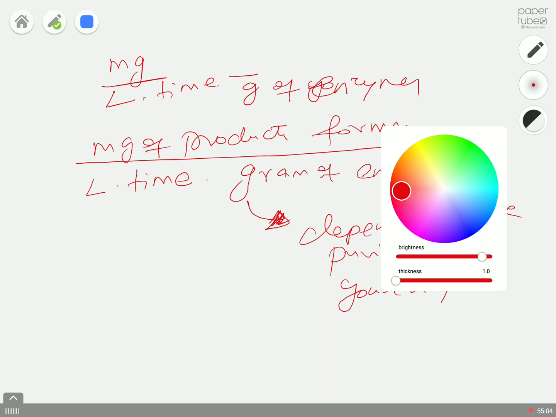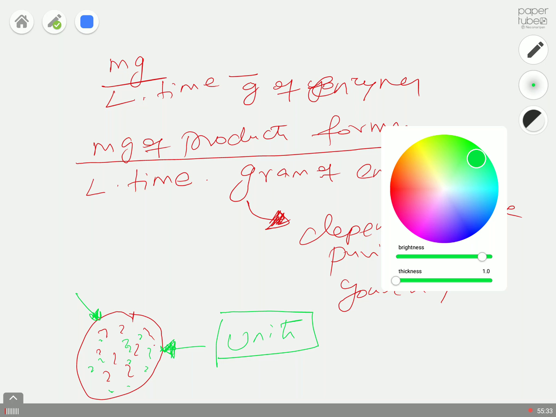Since you will never know how many grams of pure enzyme and how many grams of other molecules you get while you break your cells and extract your enzyme, nobody will know whether this is 100% pure or not. So that's why they call it units.